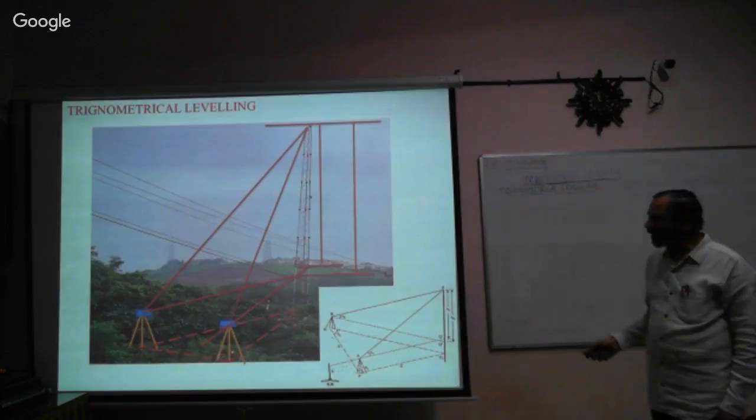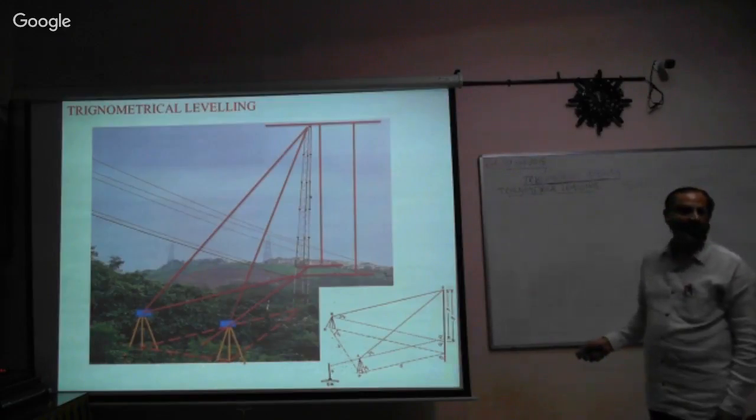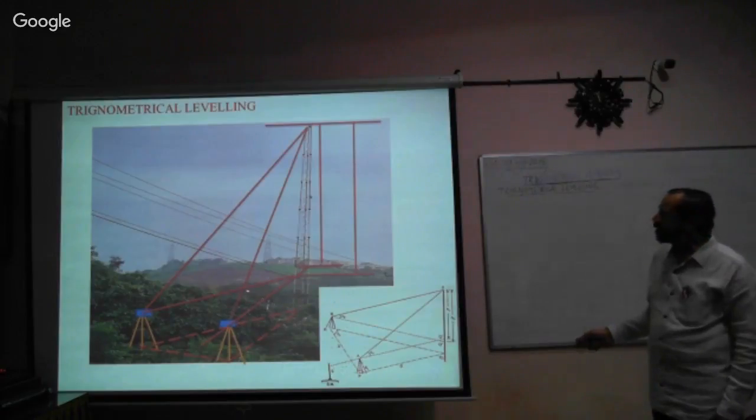We can find this angle as 180 minus theta 1 minus theta 2. And we know the distance between the first station and the second station. Then from the first station, measure the vertical angle.